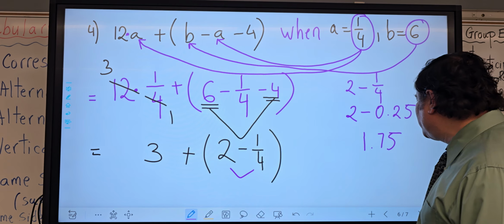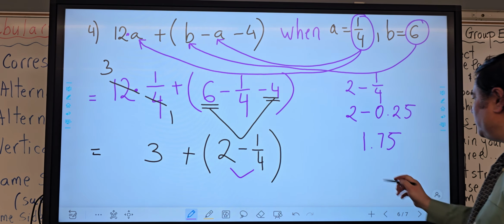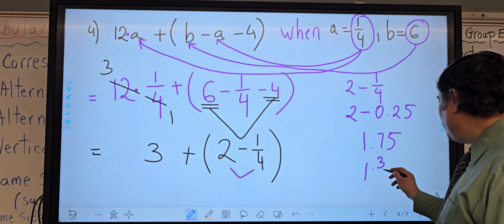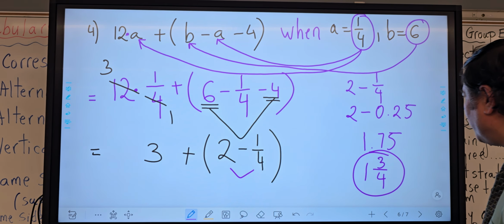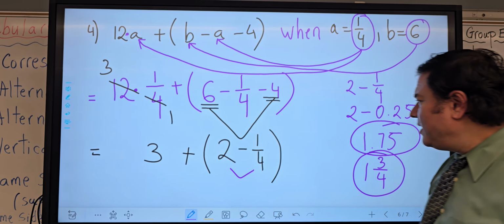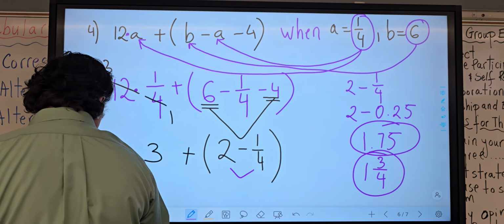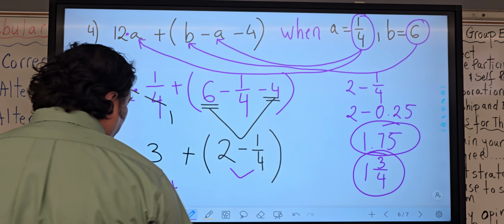Or another thing we can say, 1.75, or 1 and 3 over what? 1 and 3 over 4. Okay? This is the same thing, 1 and 3 over 4, or 1.75. And now we can continue with this expression, right? We have 3 plus 1.75.